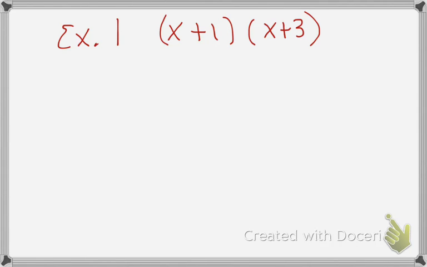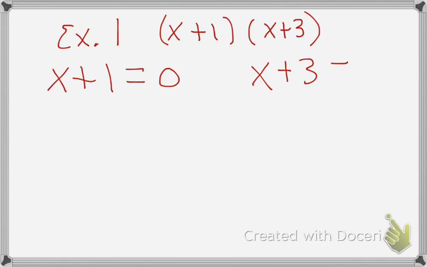So what's step 1? Could you read step 1 that you just wrote in your notes? Set each binomial equal to 0. So I have x plus 1 equals 0, and I have x plus 3 equals 0.